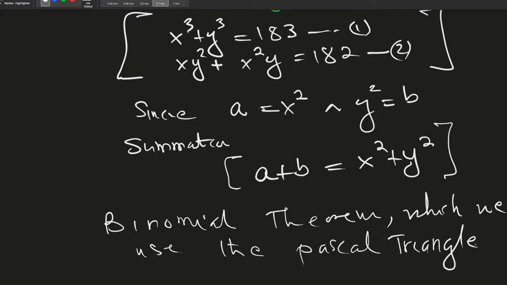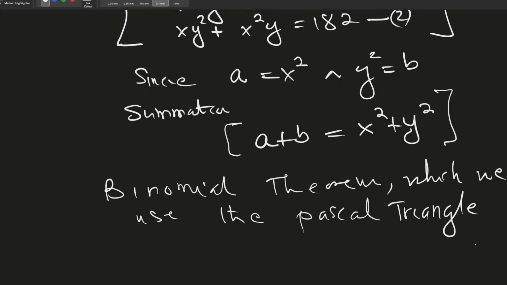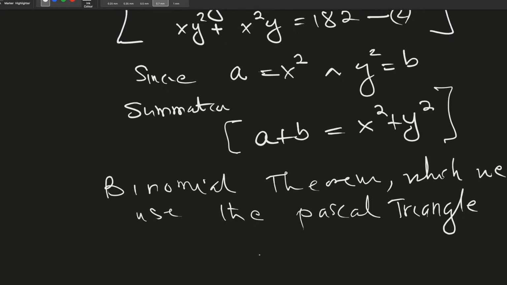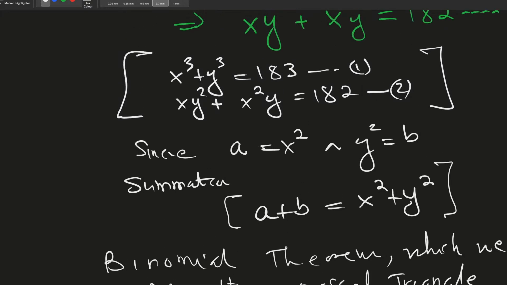If you have forgotten Pascal triangle, it gives us 1, 1, 1; then 1, 2, 1; then 1, 3, 3, 1. So this idea will help us to resolve our equations.